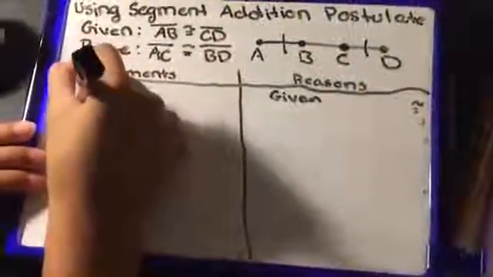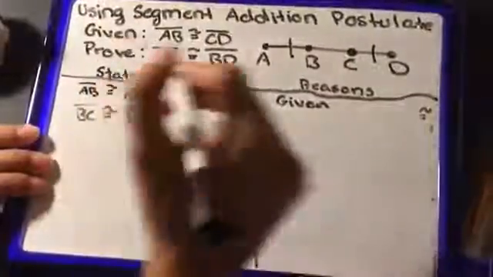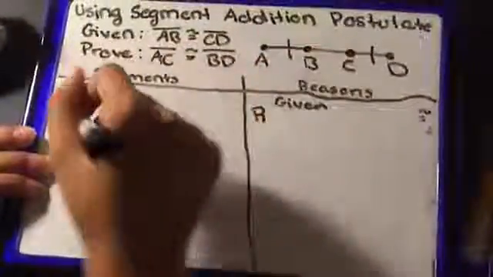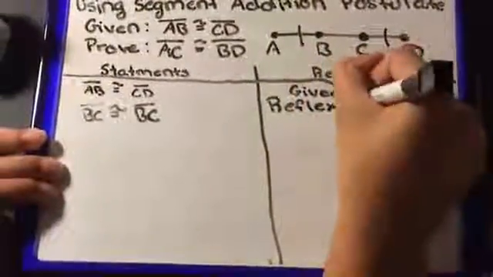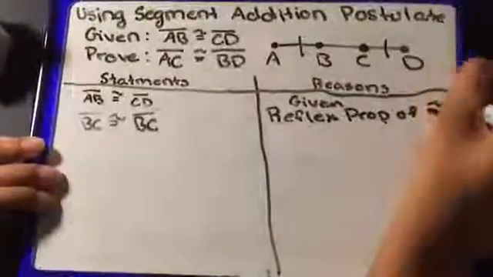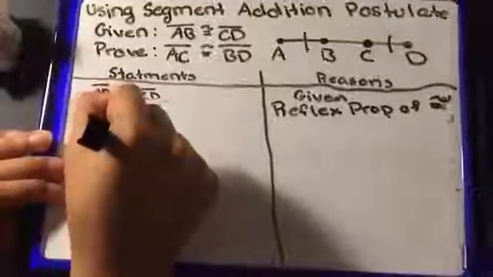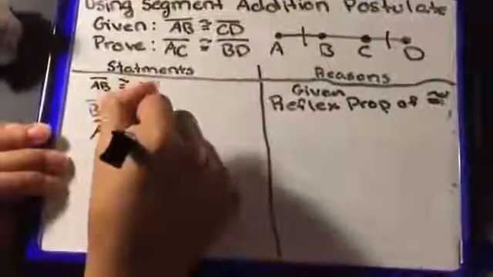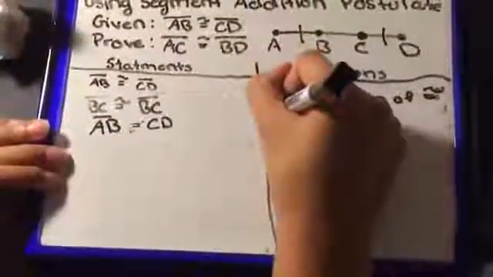Next, we know that segment BC is congruent to segment BC because of the reflexive property, which states that a value is equal to itself. Now, we know that segment AB is equal to segment CD because congruent segments have equal length.